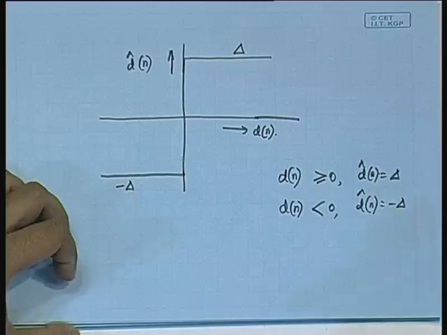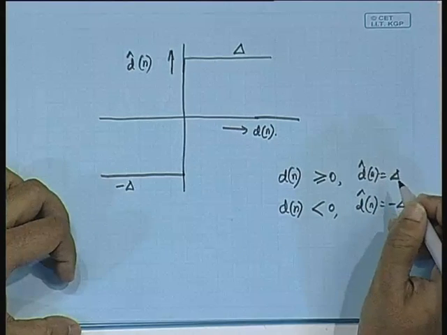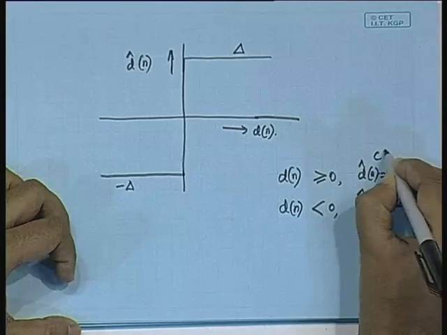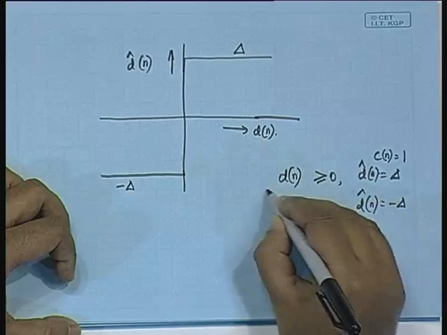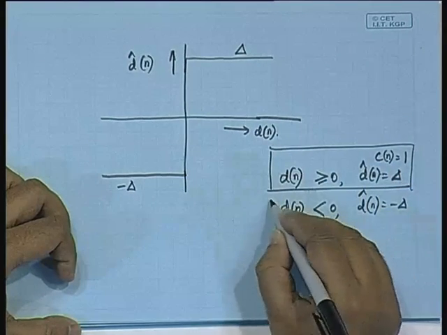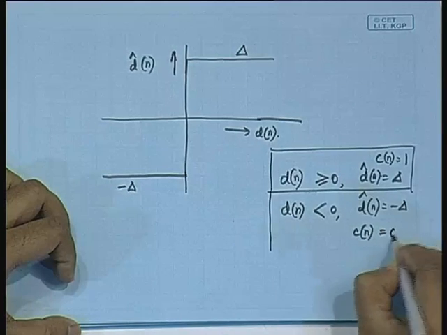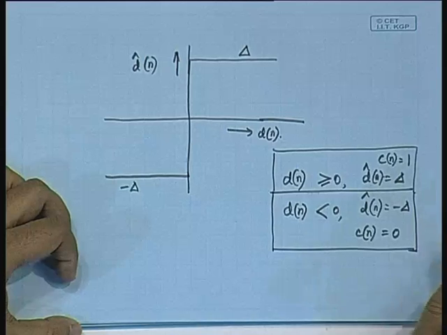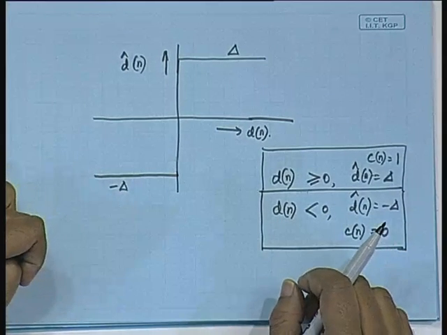So, when d of n is greater than or equal to 0, we not only have d cap of n equal to delta, but at the same time we also have C of n equal to 1. So, this is for the positive d of n case, and for the negative d of n case we are going to have C of n equal to 0. These are the only two possibilities that we are going to have.